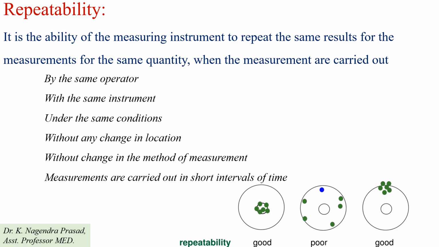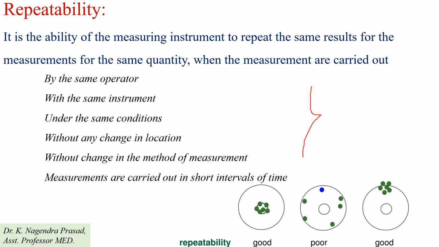So repeatability means the ability of a measuring instrument to repeat the same results under the following conditions: by the same operator with the same instrument under the same conditions, without any change in the location, without change in the method of measurement, and measurements are carried out in short intervals of time. Under these conditions, if the measuring instrument repeats the same results, we call that repeatability.